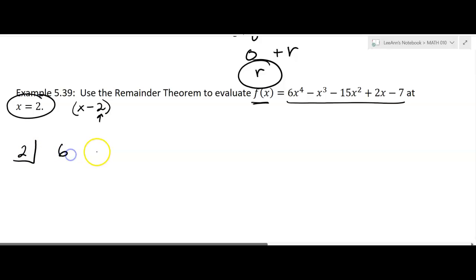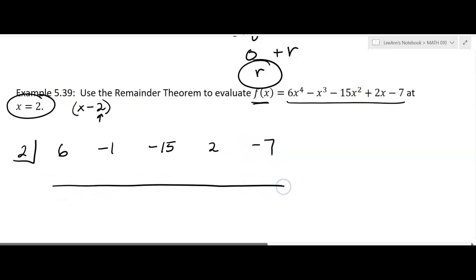So you have 6, -1, -15, 2, and -7. Hopefully you loved synthetic division, or you're learning to love it, because there's a lot of synthetic division in this section. We're going to divide synthetically because it's going to be easier, and whatever the remainder is, that will be what f of 2 equals. We are trying to find f of 2.